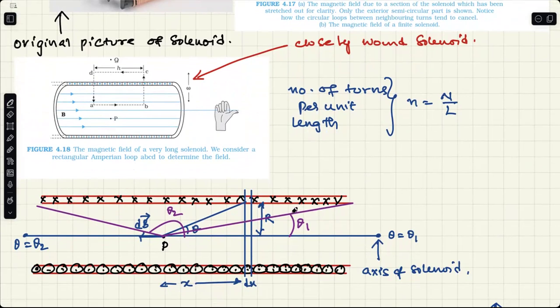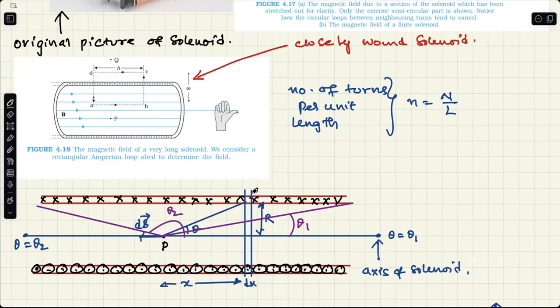Imagine a cylinder, you cut exactly into half, not physically. On one side the current flows inwards, and in this portion the current flows outwards. Till this point, any doubt?